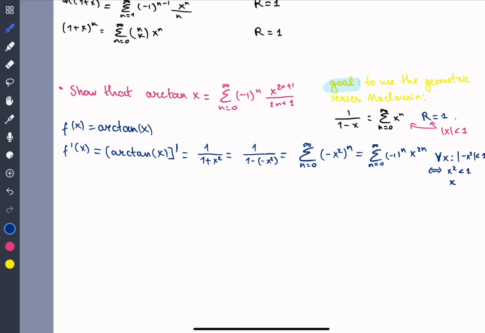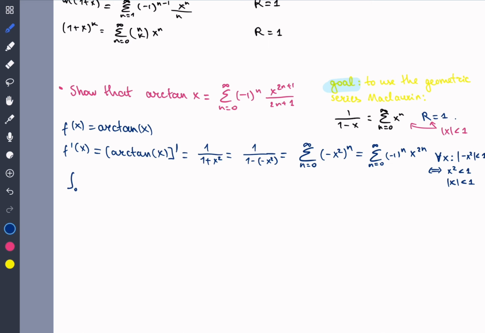Now I'm just rewriting it to bring just the x there, and if we rewrite it, we again get the absolute value of x less than 1, which means the radius of convergence of arctangent is also 1, which I'll demonstrate right now.